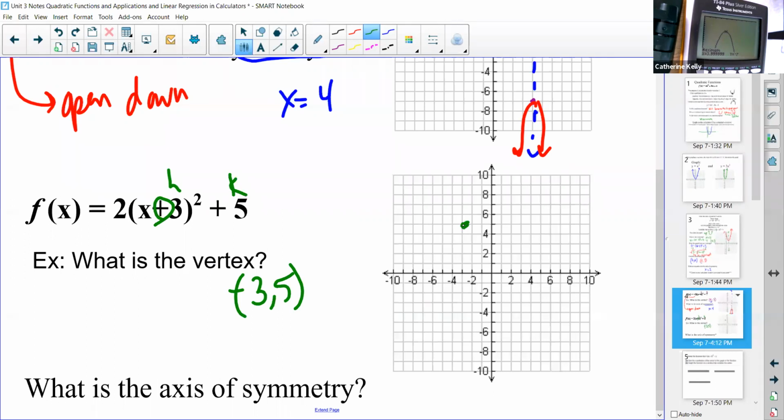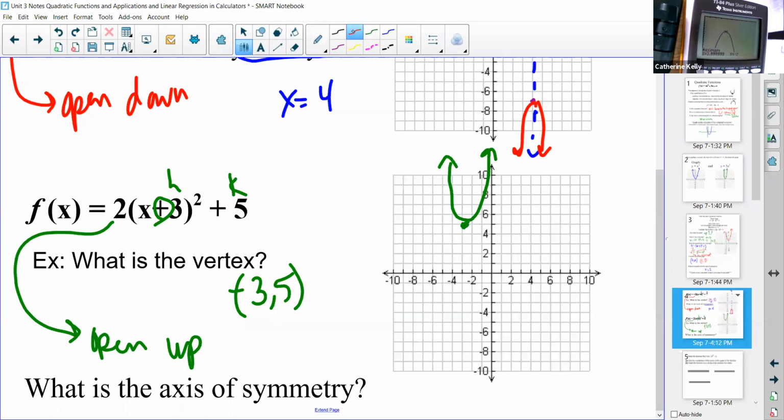And then I know that this is positive, so it's going to open up. And my axis of symmetry is where x equals negative 3.